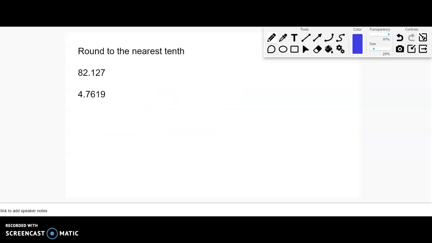If we're rounding to the nearest tenth, now I underline the tenths place. I look next door. The 2 tells me to stay the same, so I know my 1 is going to stay the same. Everything in front stays the same. Everything afterward can either go away, or I could write 2 zeros. Those two things are equal, but either way, that is what it's closest to, 1/10, not 2/10. Nearest tenth. 7 is in my tenths place. 6 is next door.